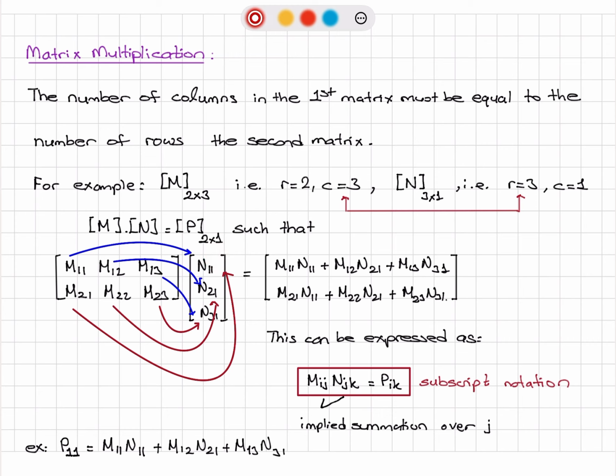So that's how we do it, and we can write this multiplication process using the subscript summation notation as Mij Njk is equal to Pik, where the repeated index implies summation over that index, as we can see here.